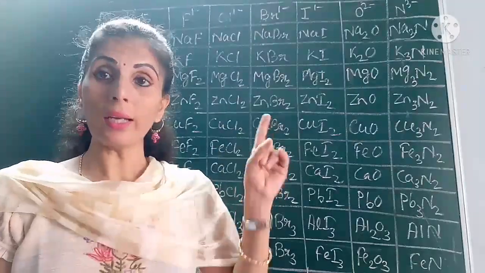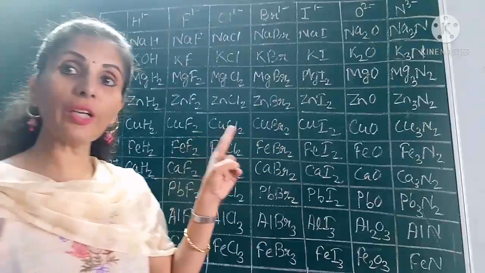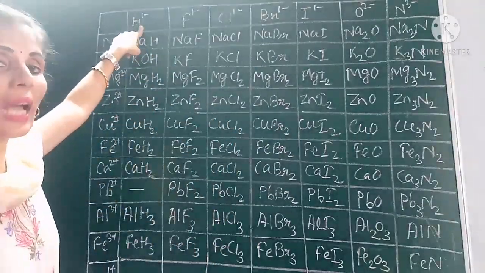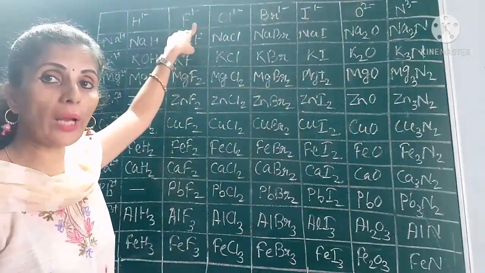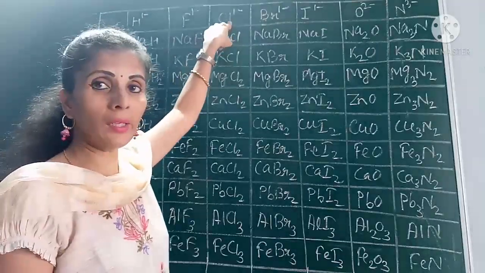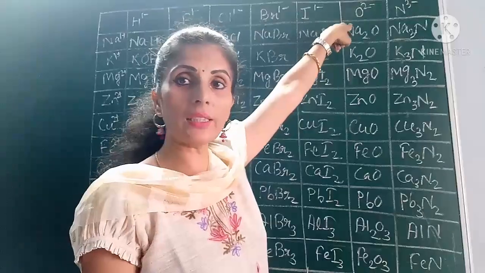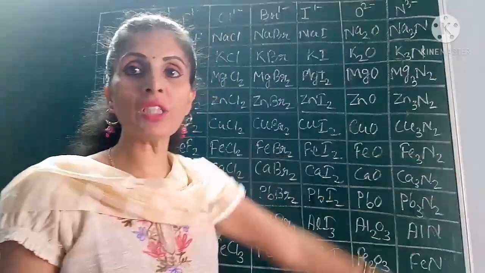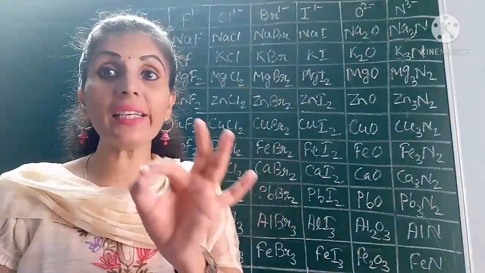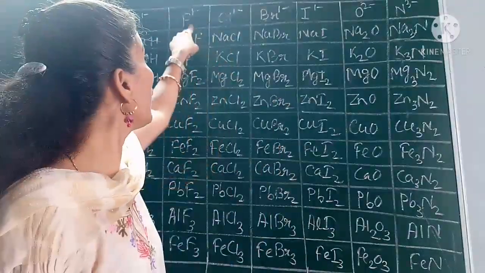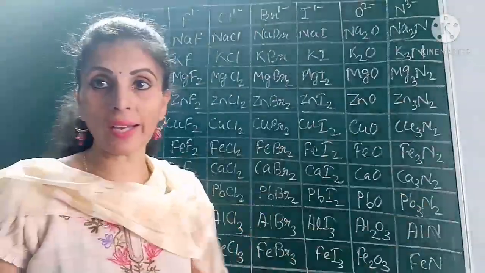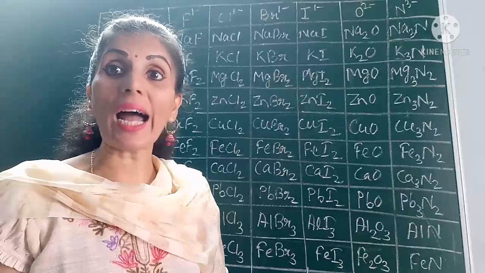So before going, let's read once. What are the names? Hydrogen means hydride, fluorine means fluoride, chlorine means chloride, bromine means bromide, iodine means iodide, oxygen means oxide, nitrogen means nitride. IDE. If single element anions are there, the suffix is IDE.